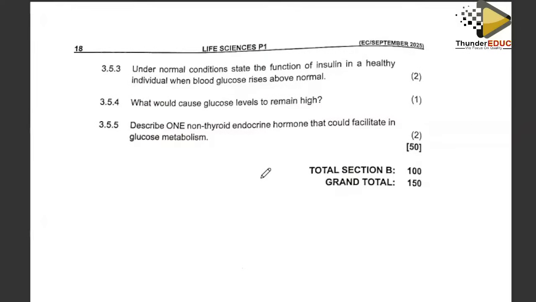Adrenaline is a non-thyroid endocrine hormone, which is not linked to the thyroid gland. It could cause an increase in cellular respiration, and cellular respiration, remember, requires the use of glucose. Therefore, it leads to a decrease in the level of glucose.